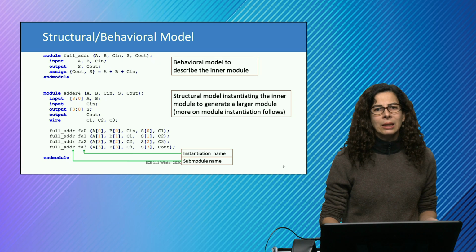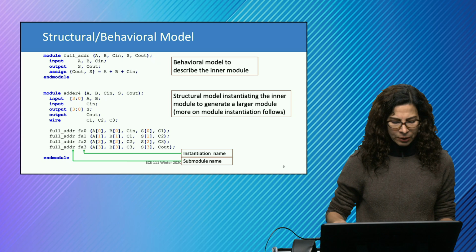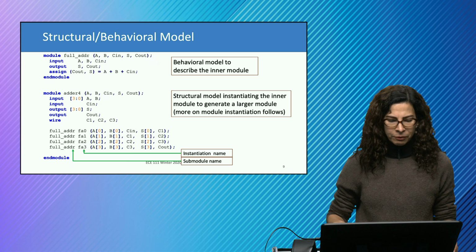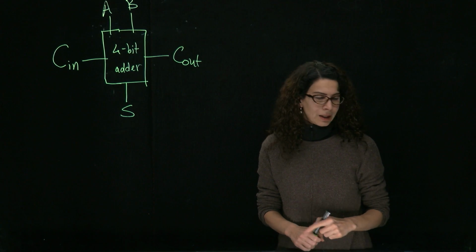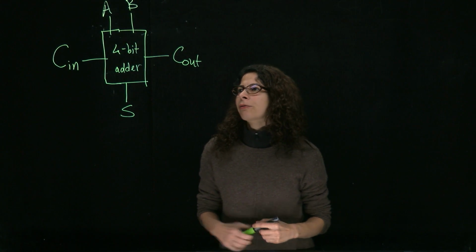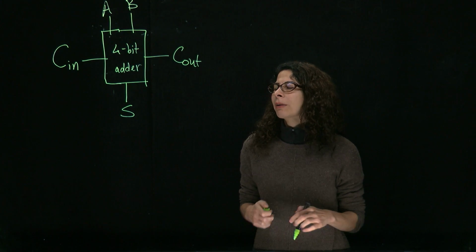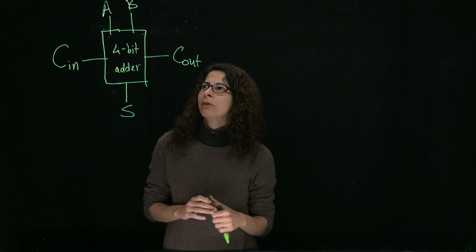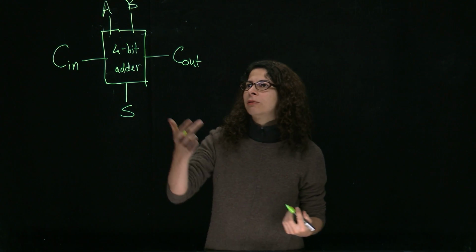Now let's compare structural and behavioral design for another example. Let's assume I'm going to design a 4-bit adder in both structural and behavioral design. If I'm doing just a behavioral design, all I need to do is define the functionality of a full adder.